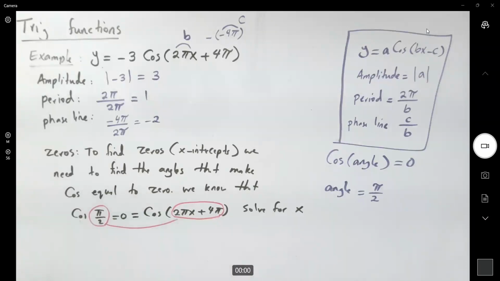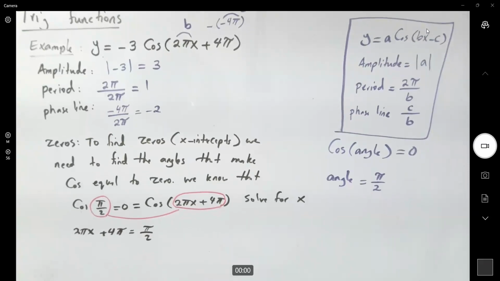And solve for x. So 2 pi x plus 4 pi equals pi over 2. First, subtract 4 pi from both sides. Minus 4 pi, minus 4 pi.